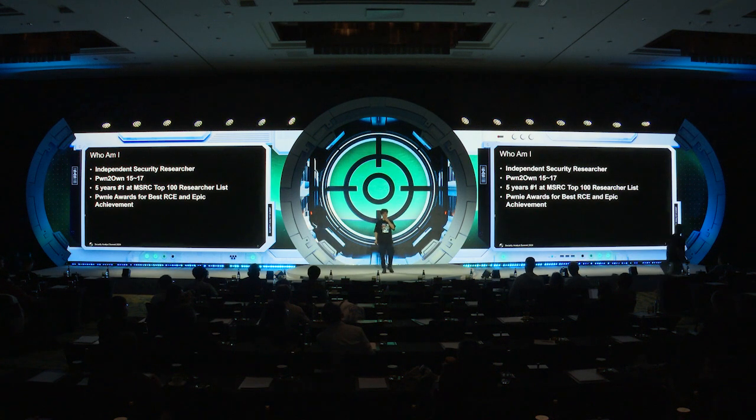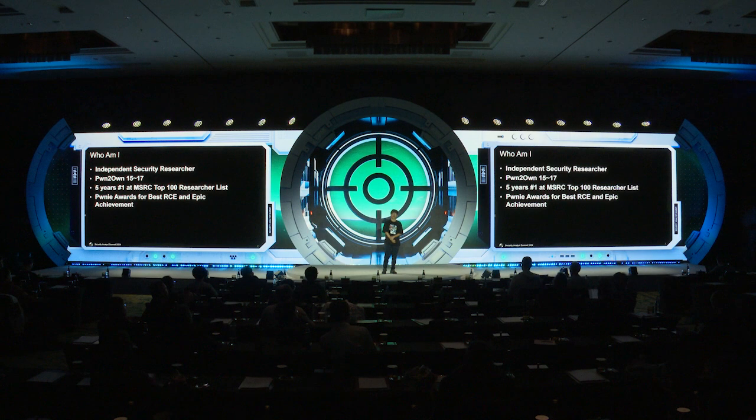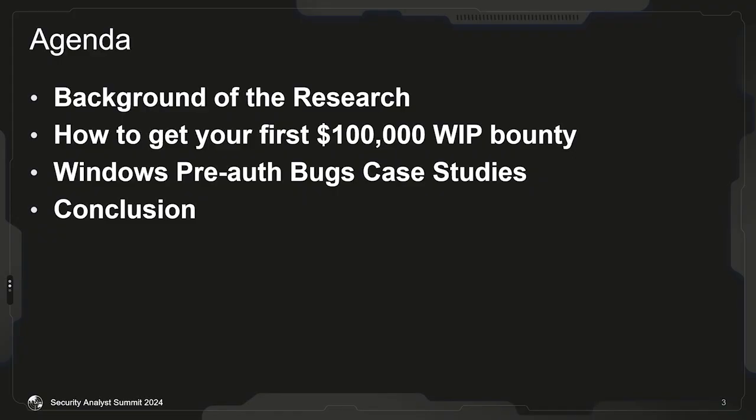My name is Yuki Chen, and today I'm going to introduce some bugs and tips and experience while looking for pre-auth RCE bugs in Windows components and report the bugs through the Microsoft Bounty program. Here's our agenda today.